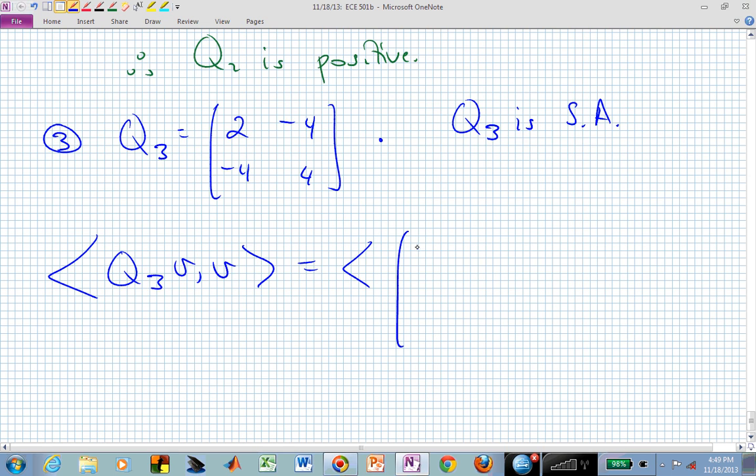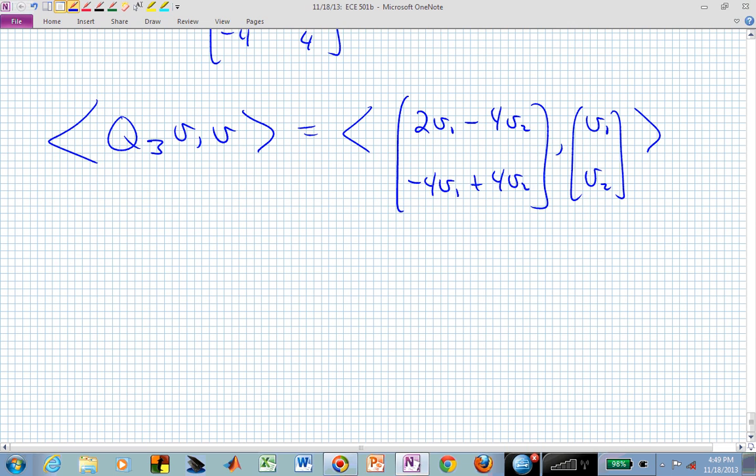We now have 2v1 minus 4v2 and minus 4v1 plus 4v2 that we will now take the inner product with v1, v2. Or that's now (2v1 minus 4v2) times v1 plus (minus 4v1 plus 4v sub 2) times v sub 2.